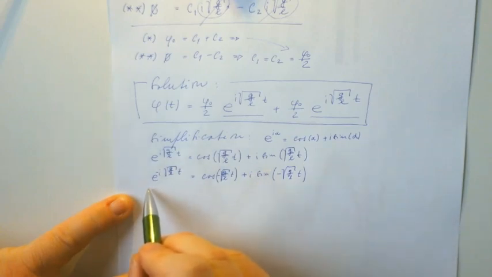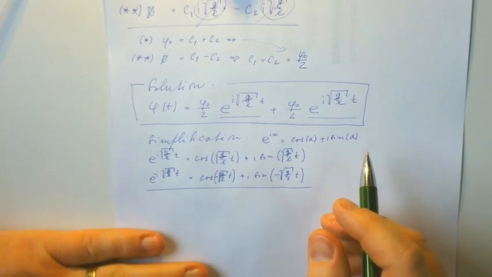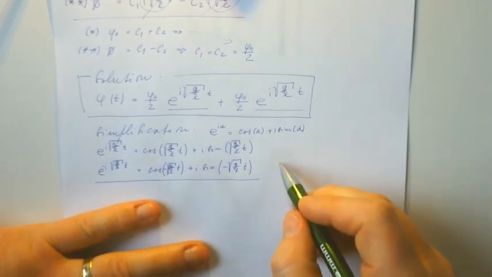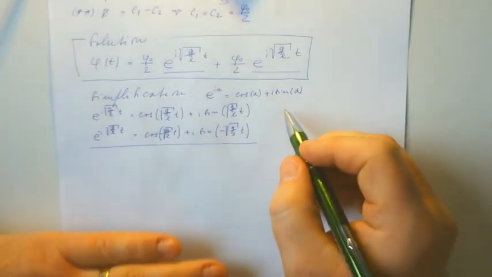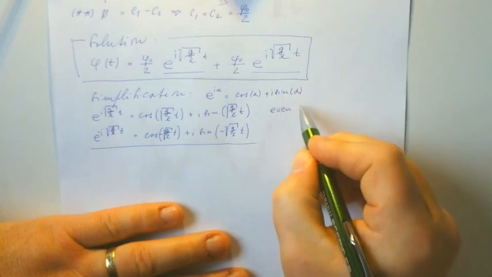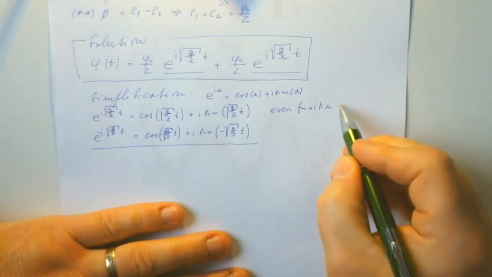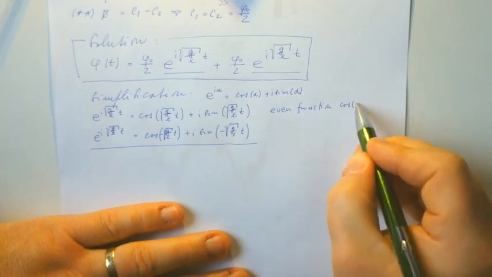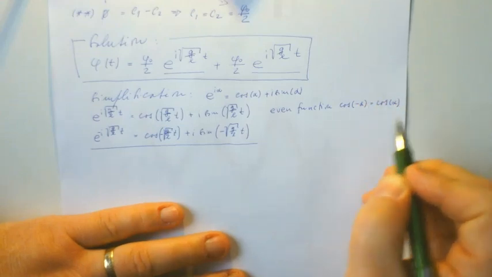Okay, so another rule: because cosine is an even function, cosine of minus alpha is equal to cosine of alpha.